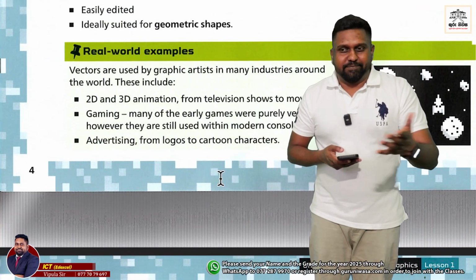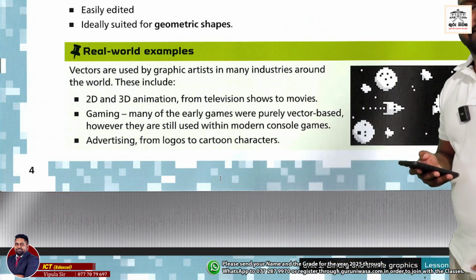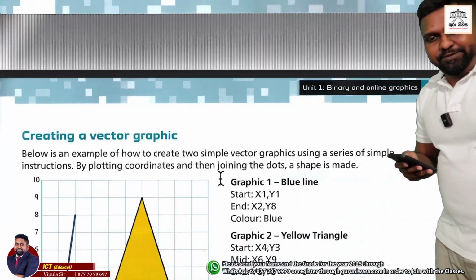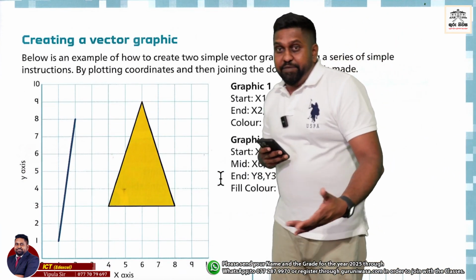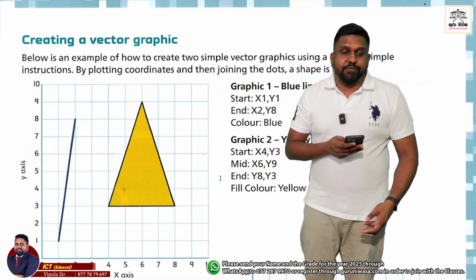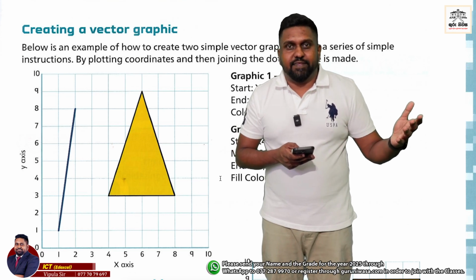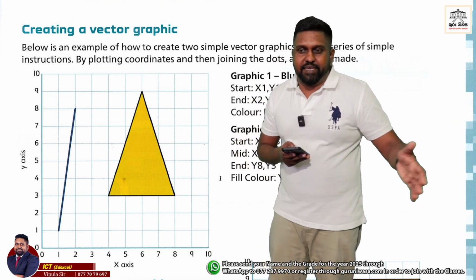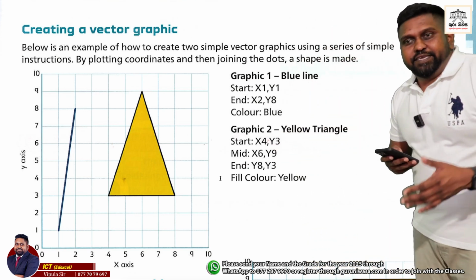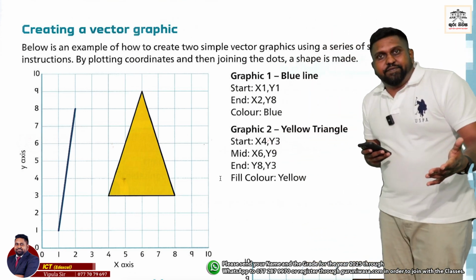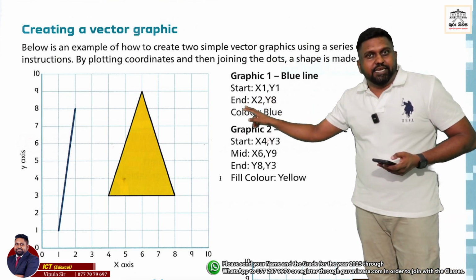So as I explained, these were basically used back in the day for creating games and all. But now we use vectors for most of the web graphics we use. A sample vector is quite straightforward. As I said, we have the x and the y axis, right? All we need is to have the axis defined with a start position and an end position.